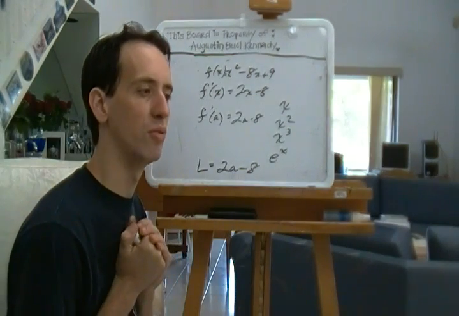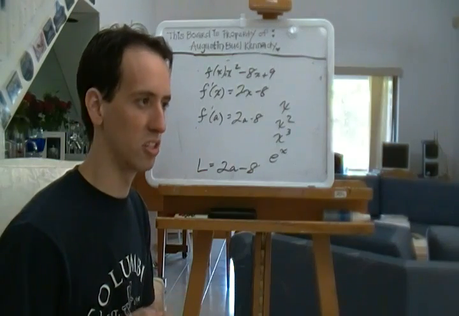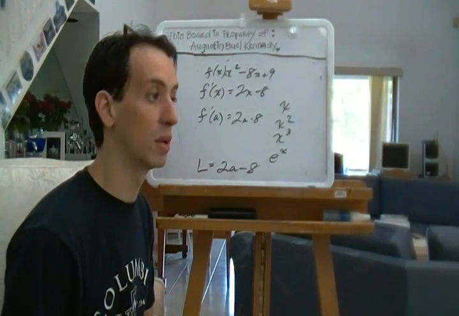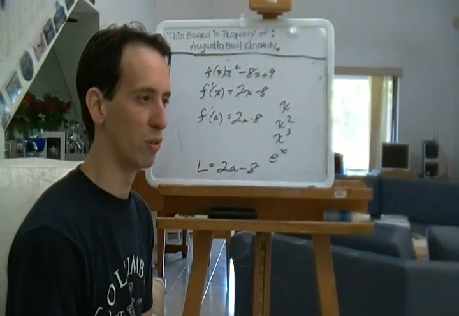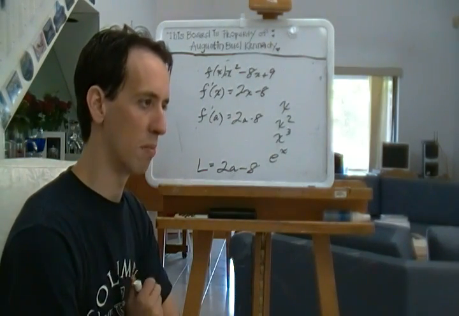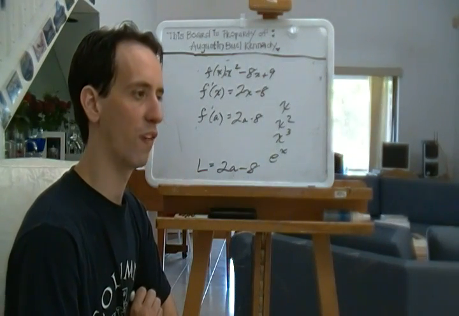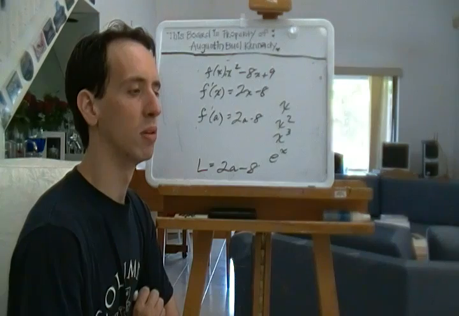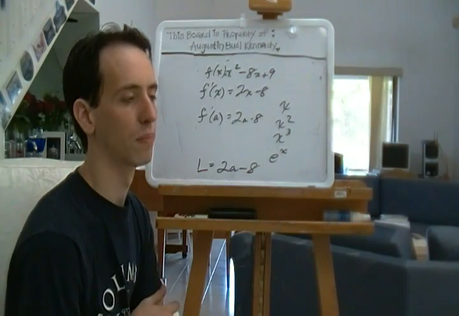But what we're going to do now is use a very practical application. It's an economics application for the big problem. And here's the question. The cost in dollars of producing x units of a certain commodity is c of x equals 5,000 plus 10x plus 0.05x squared.